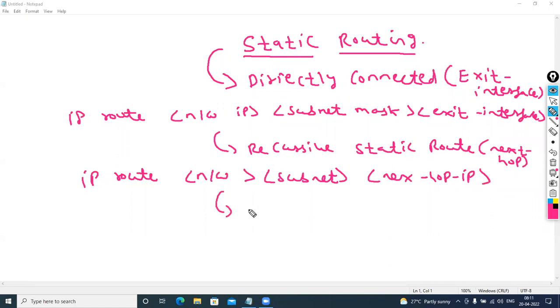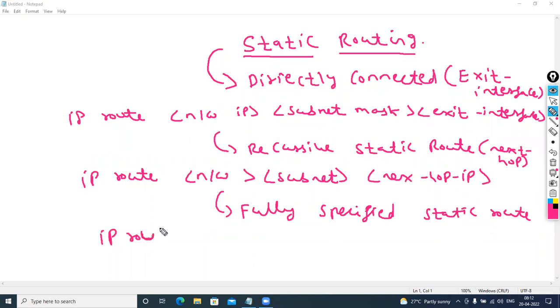Then we used fully specified static. In a fully specified static route, we'll be mentioning both the exit interface and the next hop.